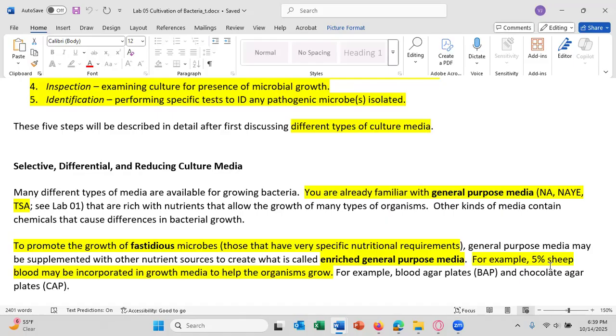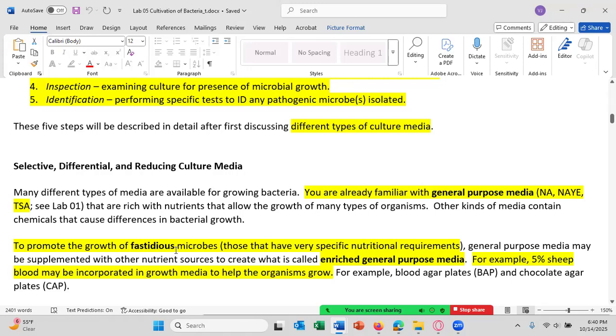A fastidious organism is one that requires a nutrient to be added to the media before they will grow. And it could be several nutrients. Like Streptococcus pyogenes is fastidious. It will not grow on NA or TSA unless you add 2 ingredients to the media.